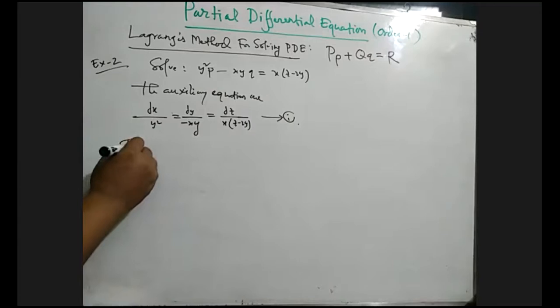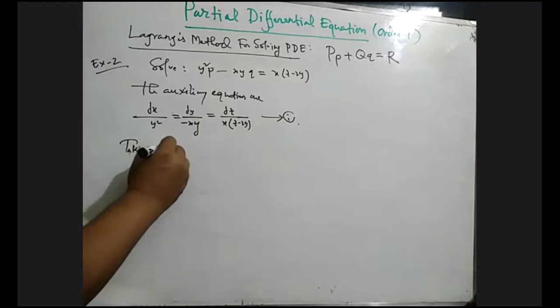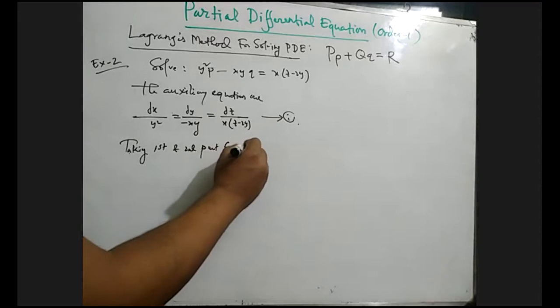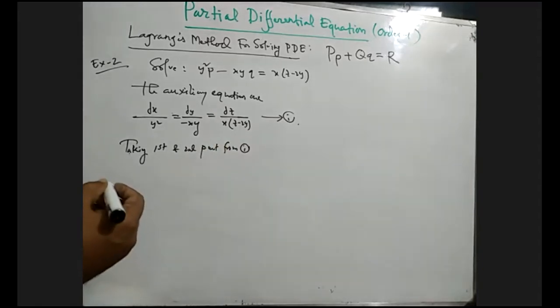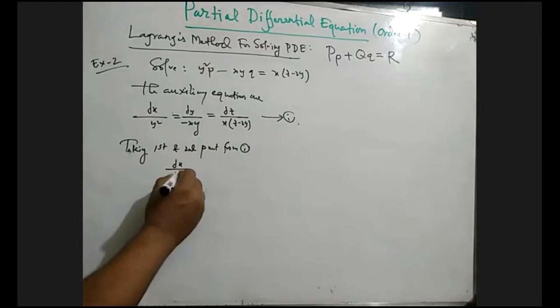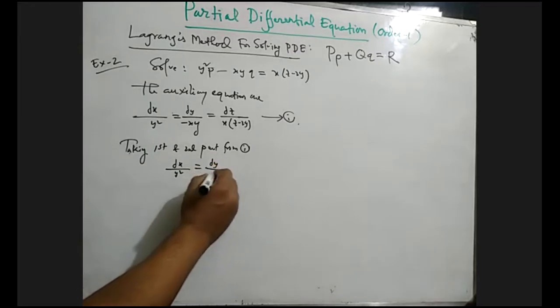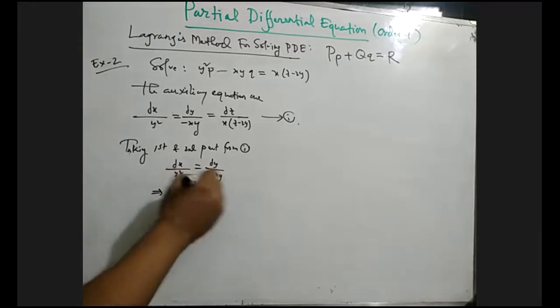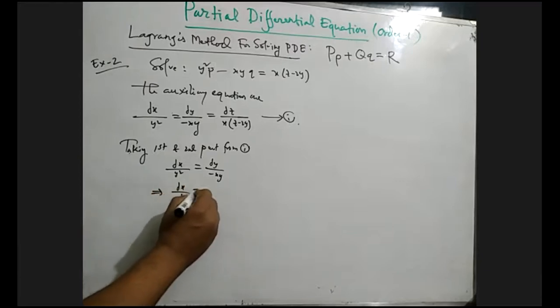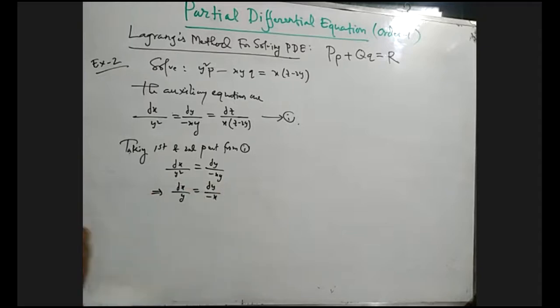Now taking the first and second part from equation 1, we can write dx divided by y square equals to dy divided by minus xy. Removing y from both sides, we can write like this. Now integrating on both sides, we can write what?